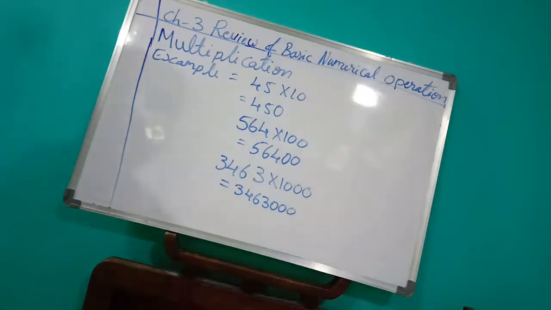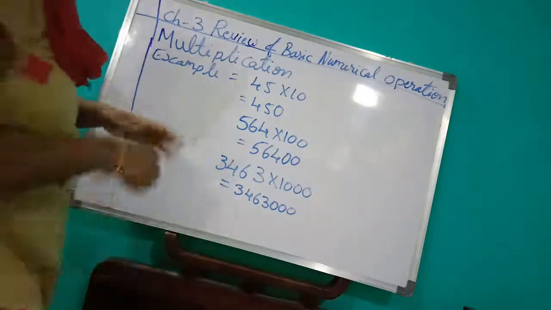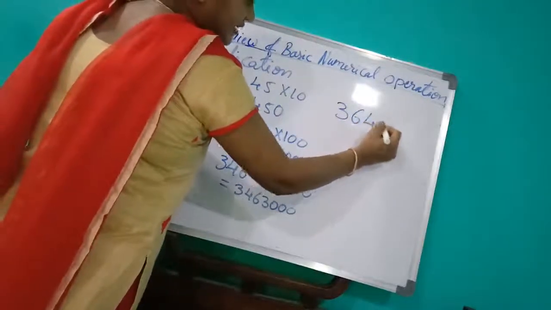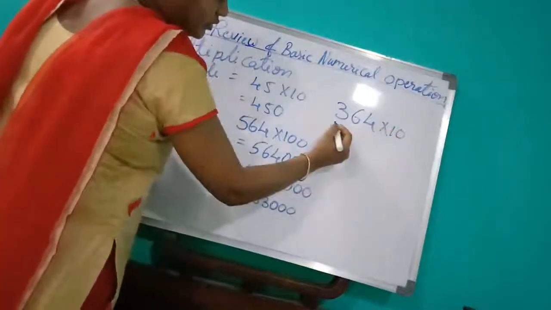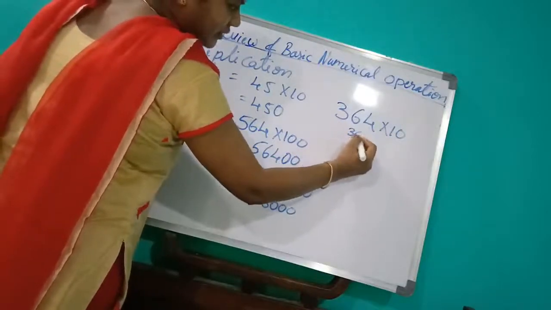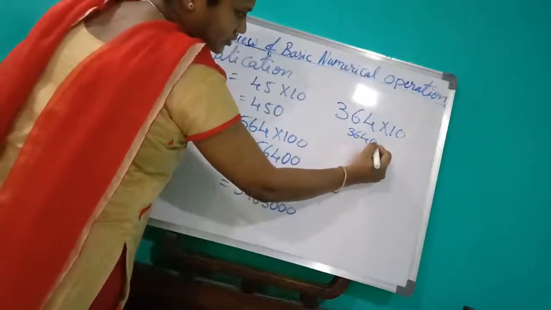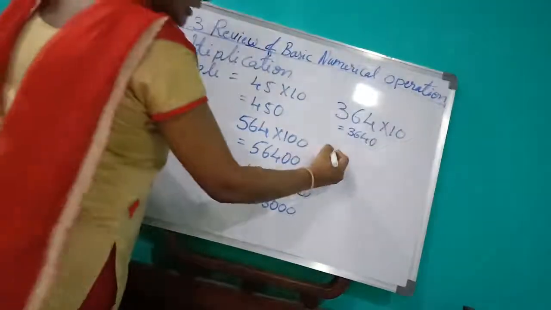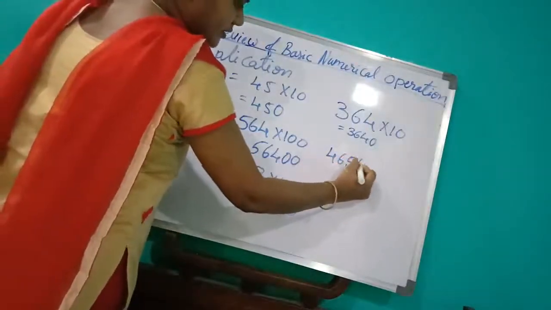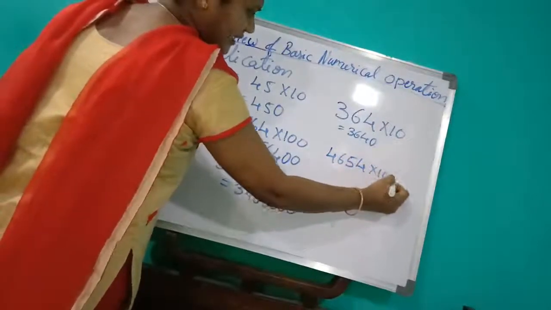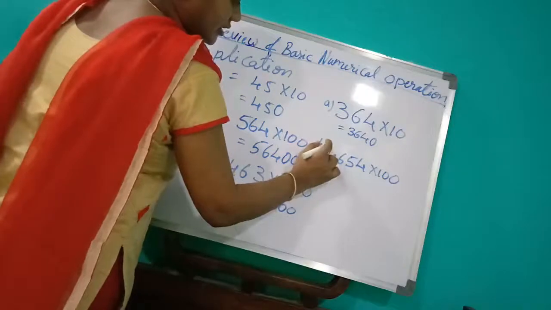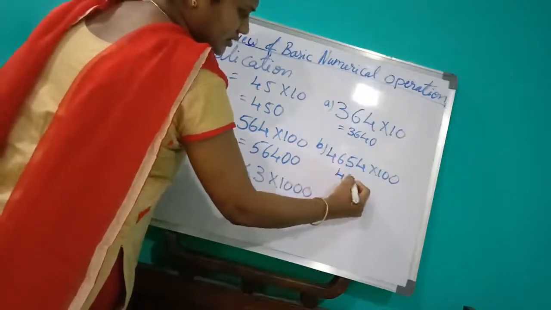When you multiply by the number 10, any number, not only this number. See, in this number, if you multiply by 10, what you have to do? First of all, you should write this number. Again, 0 you should write at the end of the number. Again, here also, see, any number if you multiply by 100, what you have to do? You should write 2 zeros.